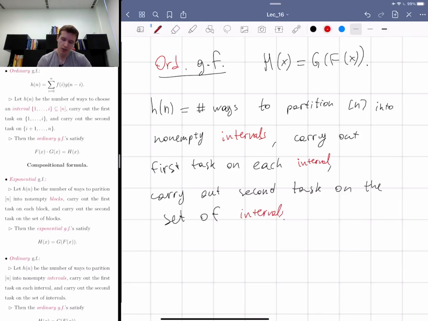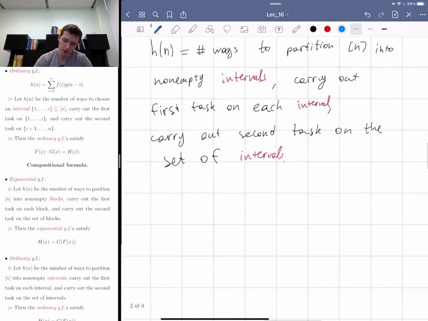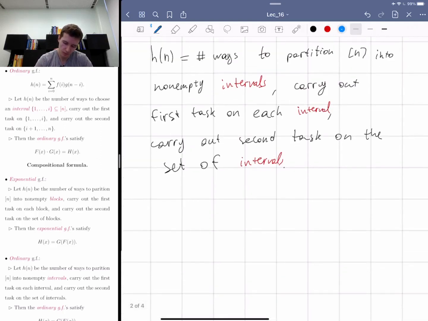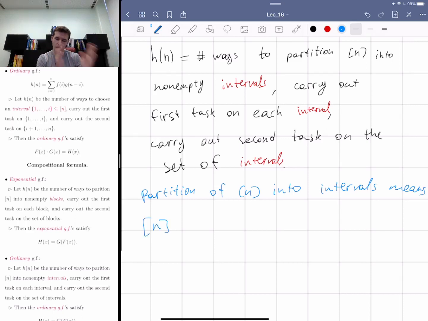And that's it. So here, what do I mean by a partition of bracket n into non-empty intervals? It means you take bracket n and just split it into chunks of consecutive numbers.